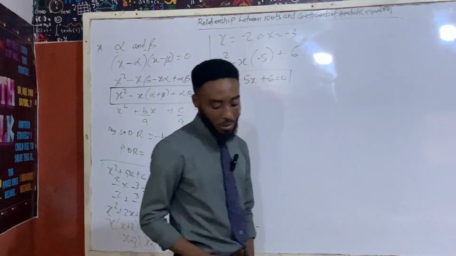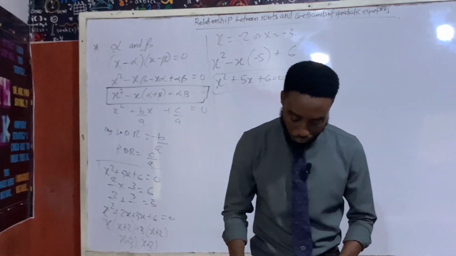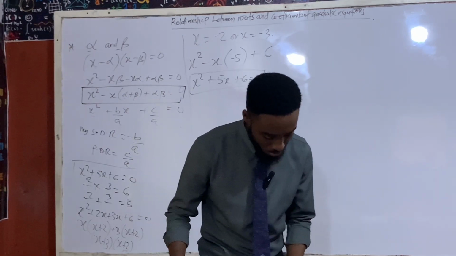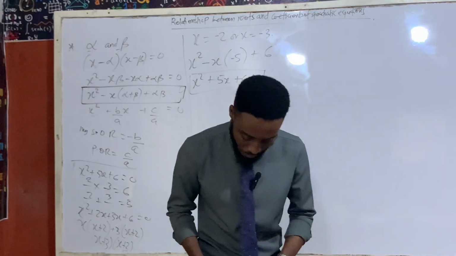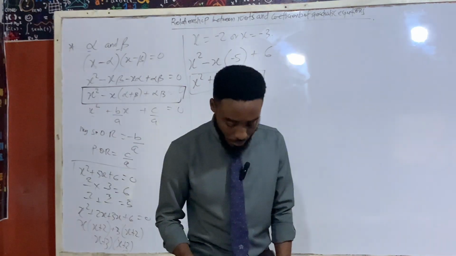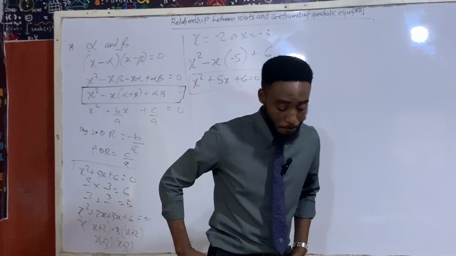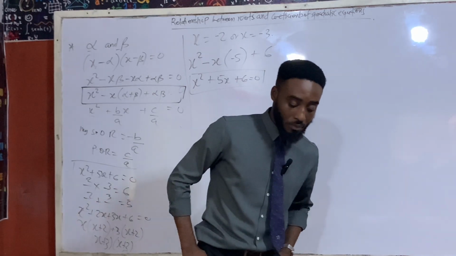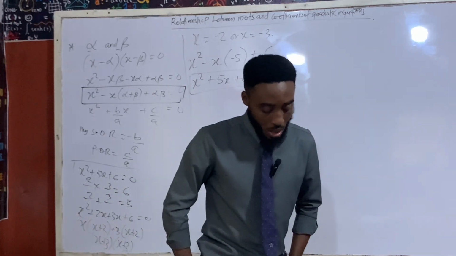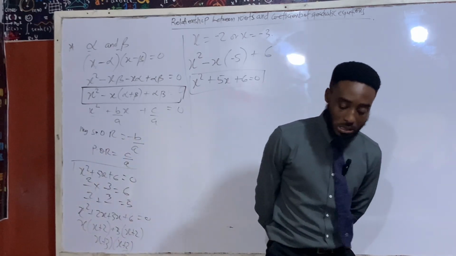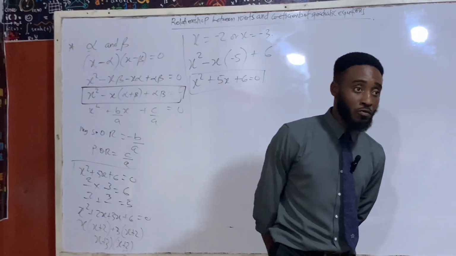So having known that, let's try an example. This is way simpler. Find a quadratic equation that has sum of roots to be 7 and product of roots to be 10.